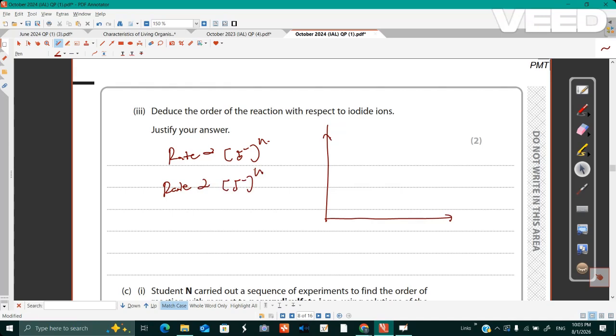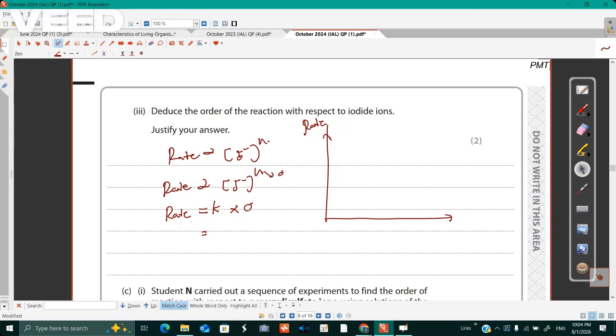Now if n is 0, rate is equal to k. If n is 0, any value to the power of 0 is what?